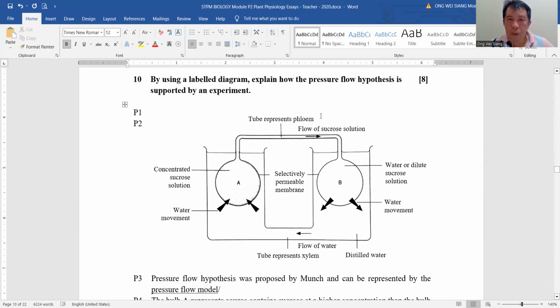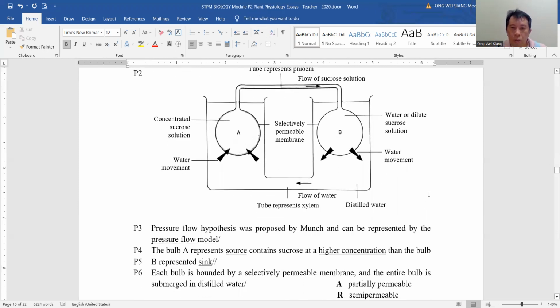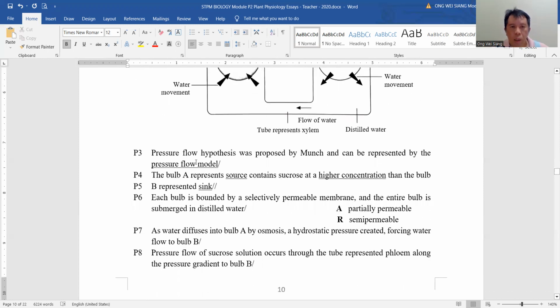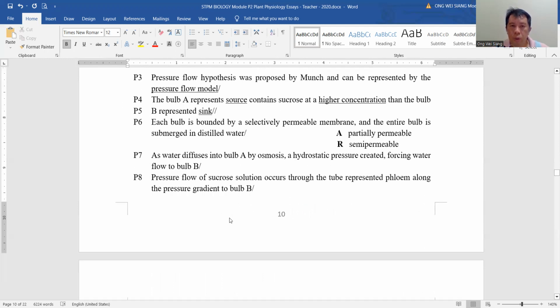For structured questions, maybe they give you this one and ask how this model, called the Munch model or the pressure flow model, explains the pressure flow hypothesis. Everything here is very clear, so you can go through it on your own.